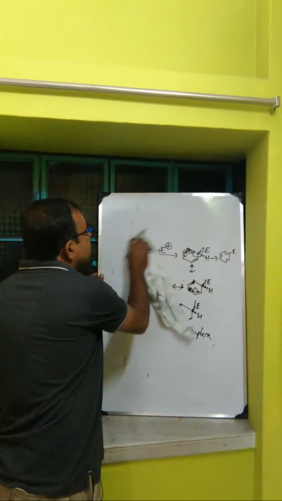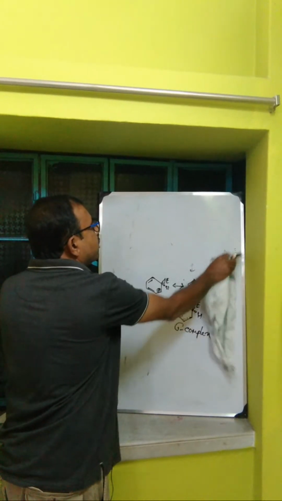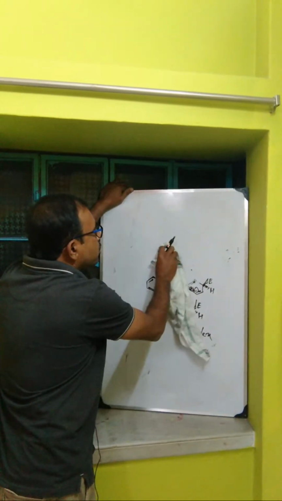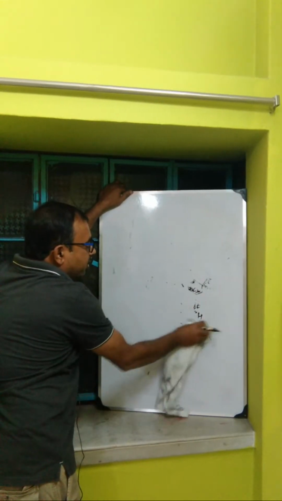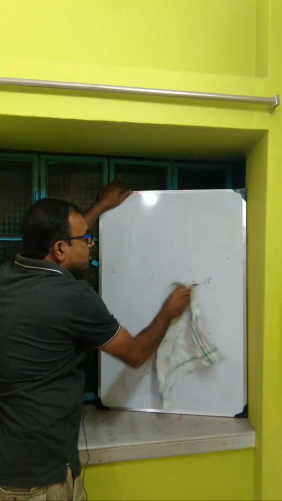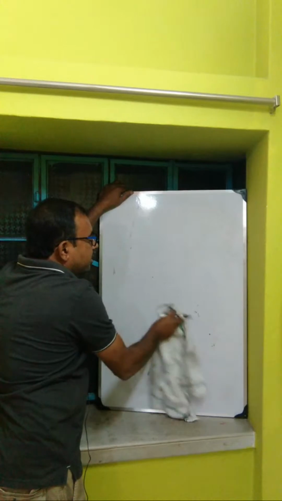First of all, we will consider the Friedel-Crafts reaction. Now what is the Friedel-Crafts reaction? If you want to enter some alkyl group into the benzene ring, then you may use the reaction called Friedel-Crafts alkylation reaction.